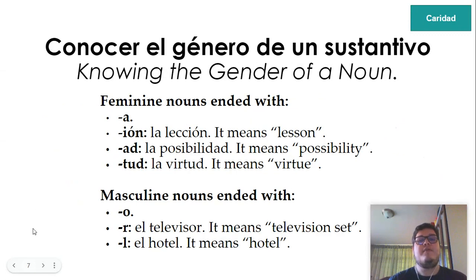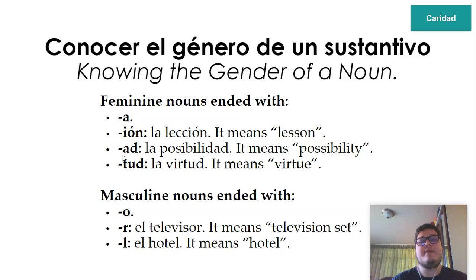Then we have to know the gender of a noun. In Spanish we say conocer el género de un sustantivo. For example, we know that if a noun ends with A, it is feminine, but also when it ends with ión, like la lección, it is feminine as well. That means the lesson.